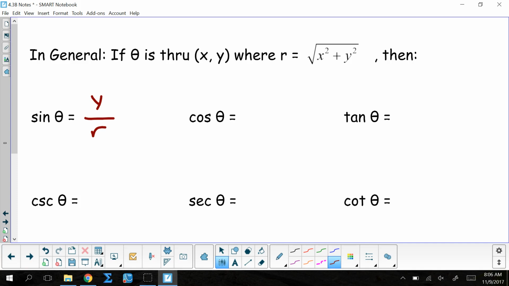What do you think cosine then is going to be? X over r. Tangent. Y over x.